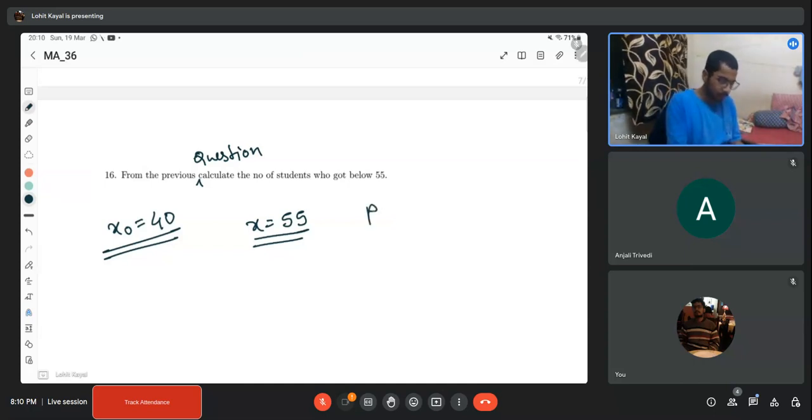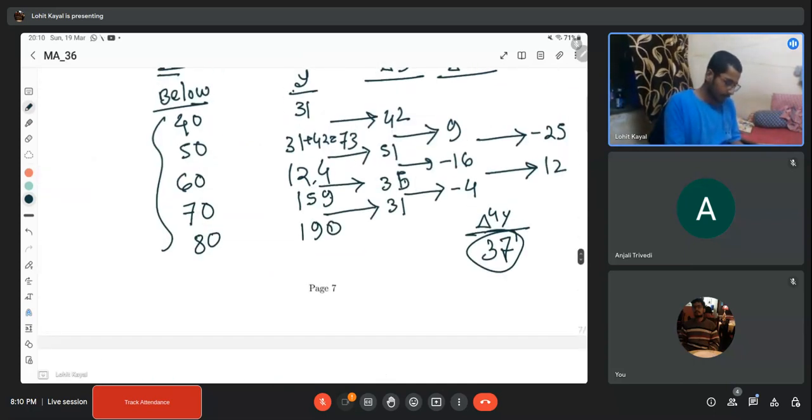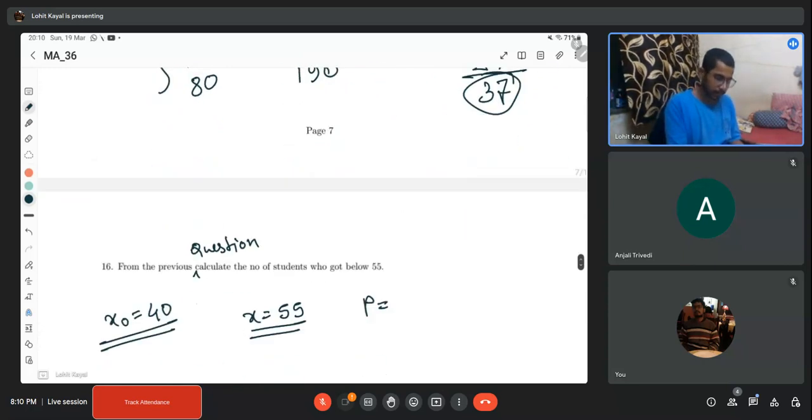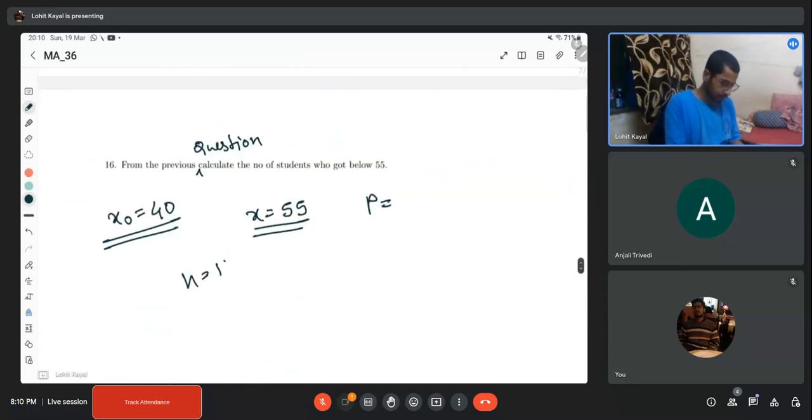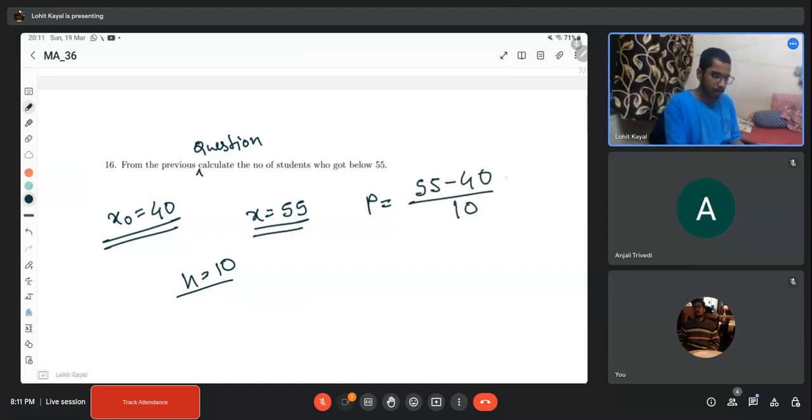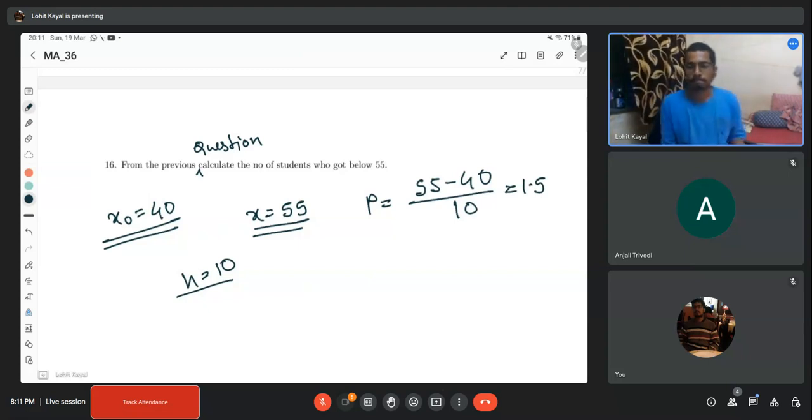So what is the value of p? Now your h is 10. So p equal to 55 minus 40 by 10 is equal to 1.5. So this is your value of p.